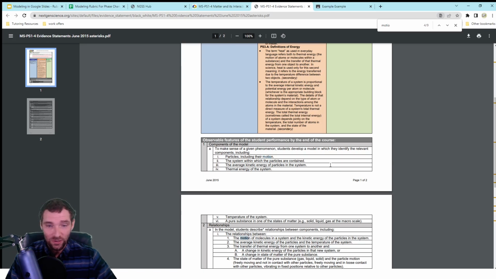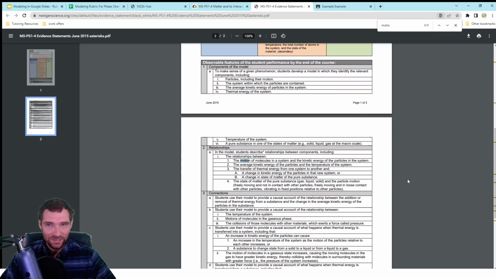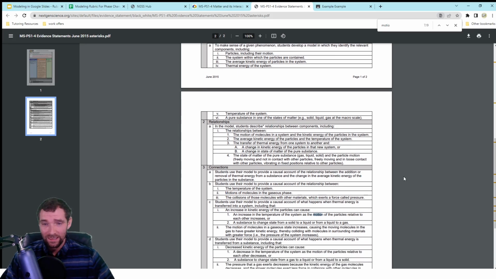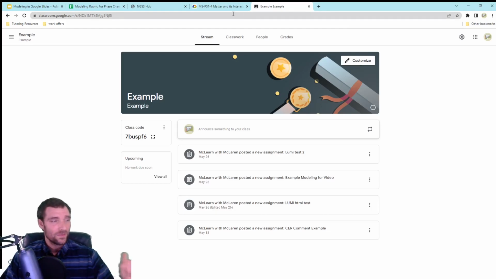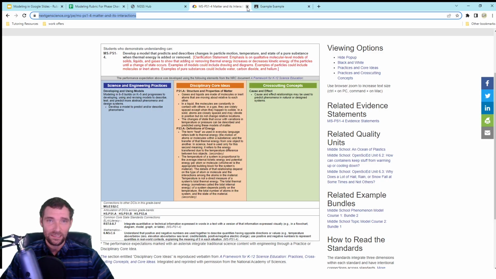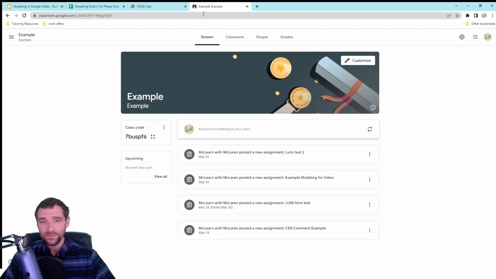Yeah, so you need to show that motion, and you need to be talking about kinetic energy and how that relates to the motion, all this stuff, right? So there's a lot of things that you need to show. And I try to break those down into categories, give specific feedback about those categories, and then help students improve that, right?